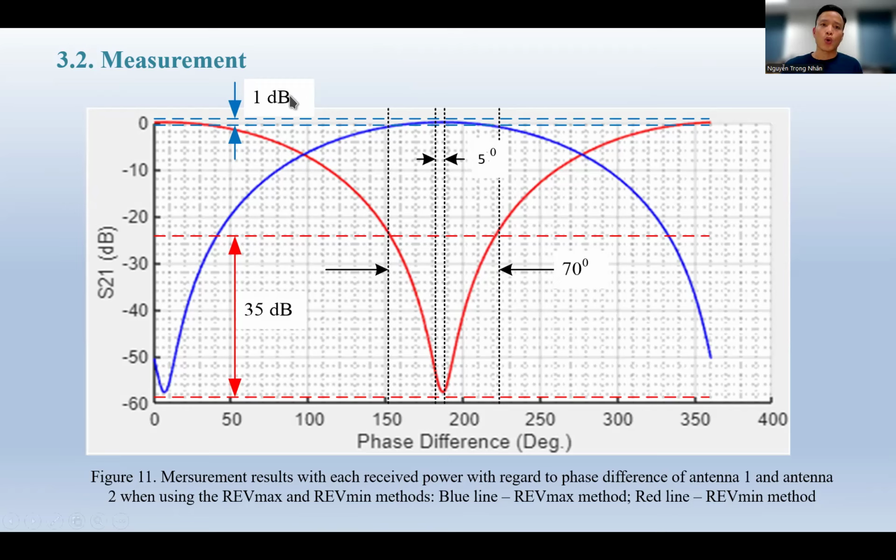In addition, when the angle of incidence theta equals 90 degrees, the proposed calibration shows a maximum deviation of 5 degrees, while the ref method shows a maximum deviation of 70 degrees.